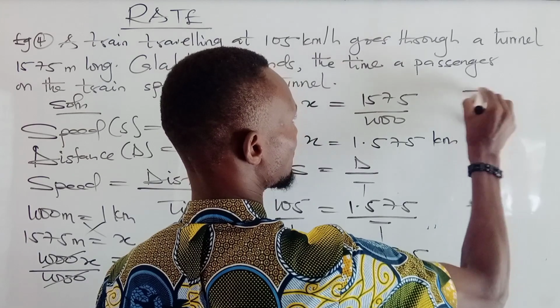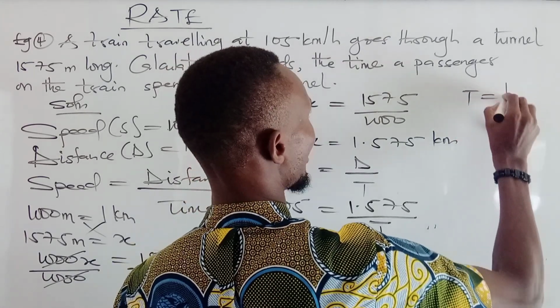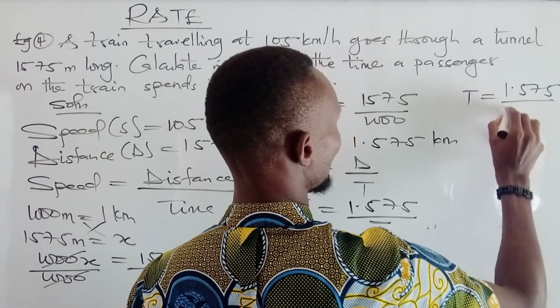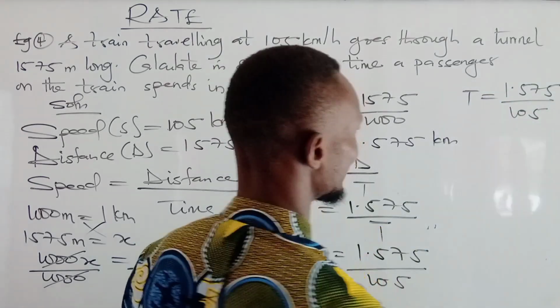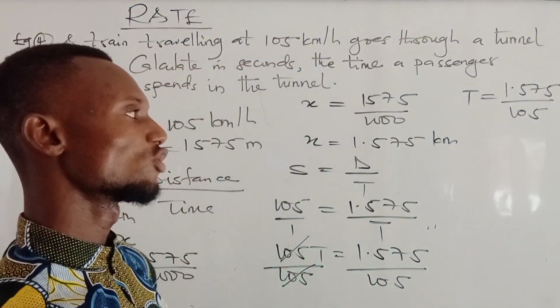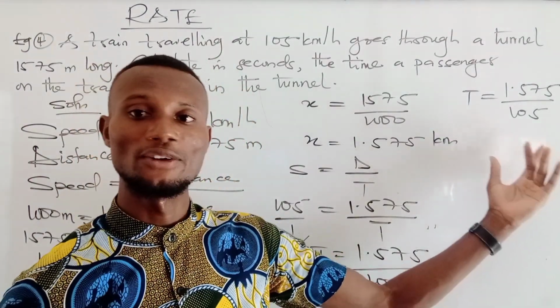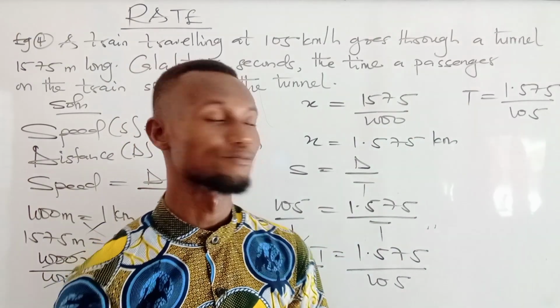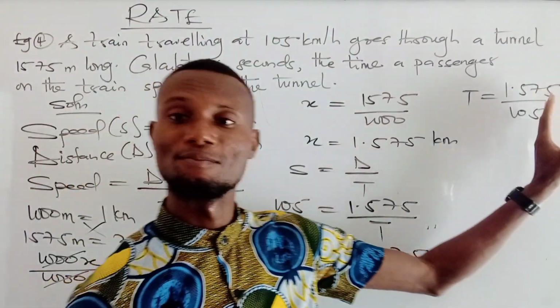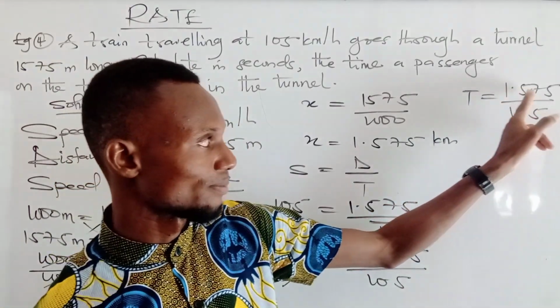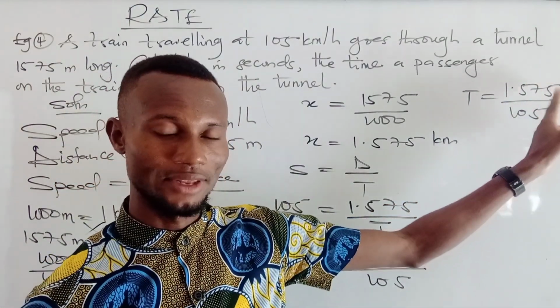I have my t equals 1.575 over 105. Then we need to simplify this one. You can see that we have 3 decimal places here, and up here you have 3 decimal places.